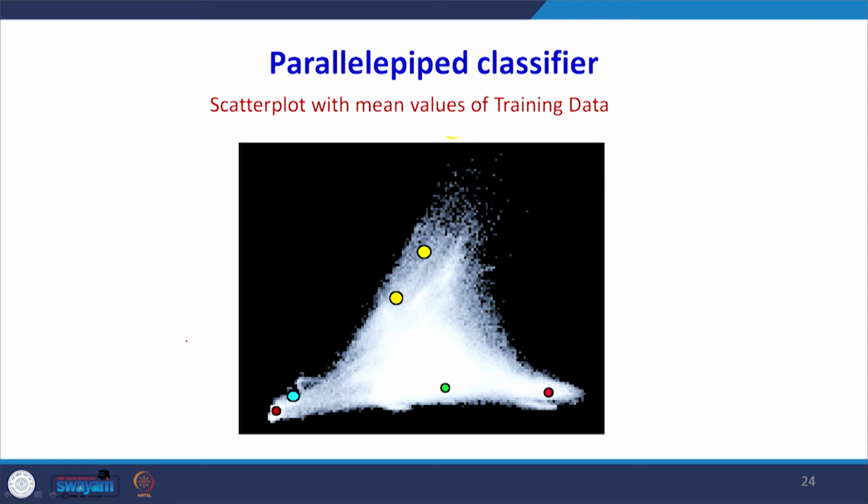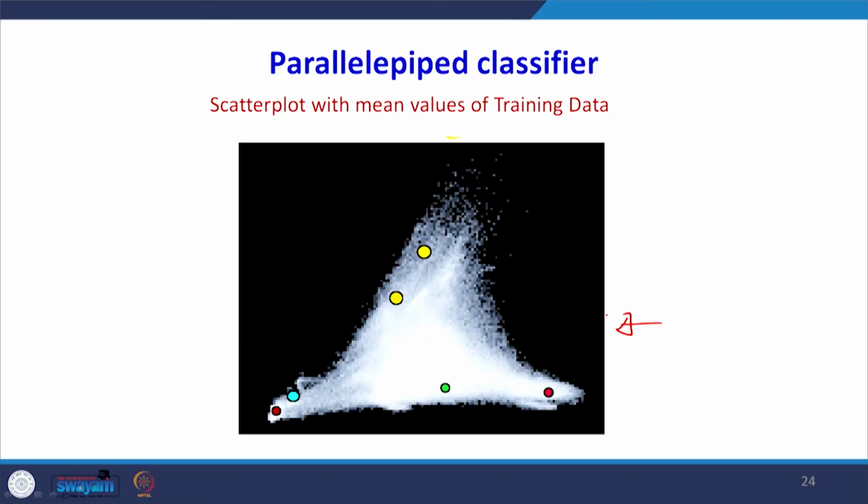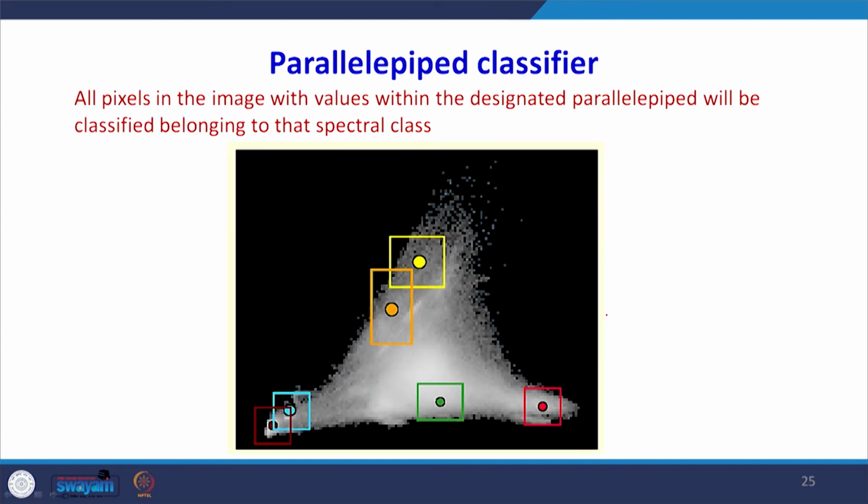The first one is the parallelepiped classifier. In the parallelepiped classifier we find the mean value, the minimum value and the maximum value within the range. All the classes shown on the scatter plot are separable, and their mean values have been shown in the training sets, and we can also find the minimum and maximum values and create the box.